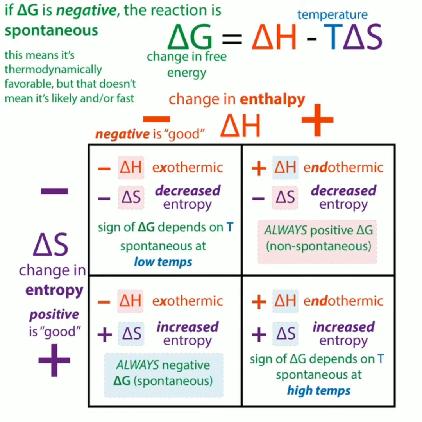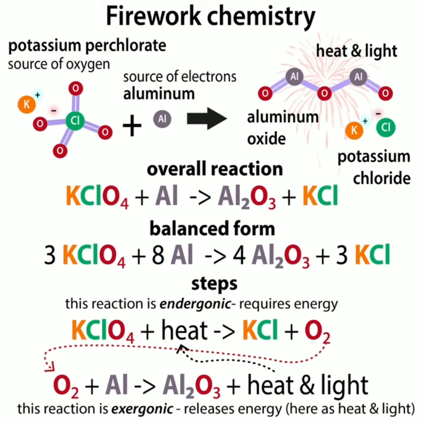You can see just a couple of examples. Before I talked about how spontaneous does not always mean likely or instantaneous. So you can see this with fireworks. We have the coupled reaction here. The reason why fireworks, the overall is really exergonic, so it's going to release a lot of energy in the form of light and heat. But it's actually two separate reactions that are coupled, at least in the classical firework chemistry.